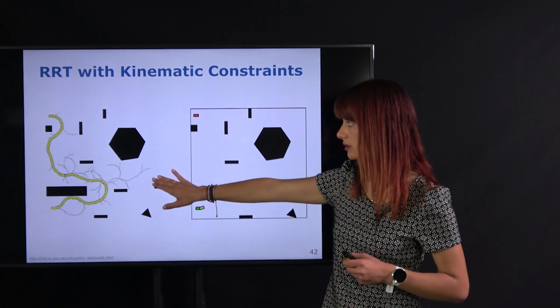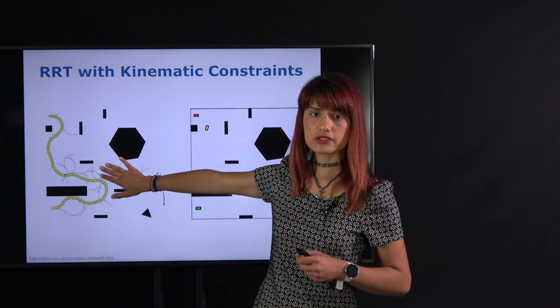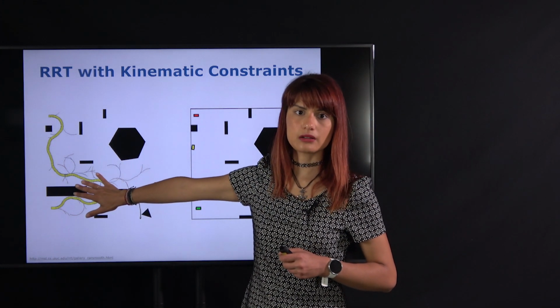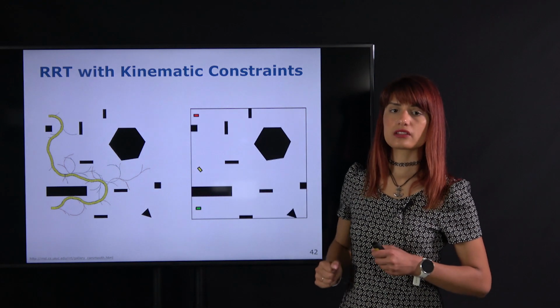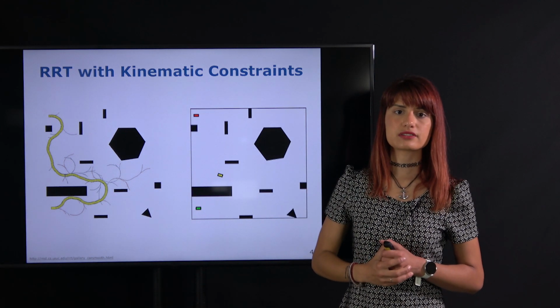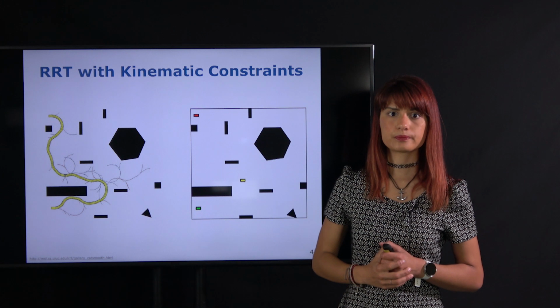And in the diagram, we can also see the other branches that were not used to generate the final path. These are the branches that were explored by the algorithm as the tree was being created.